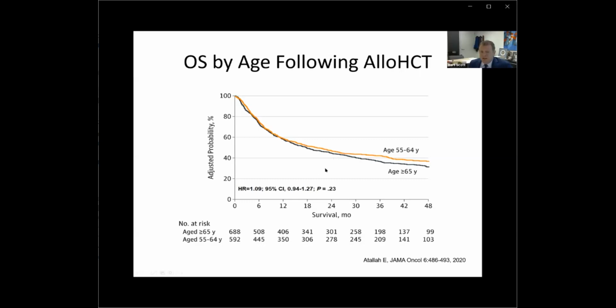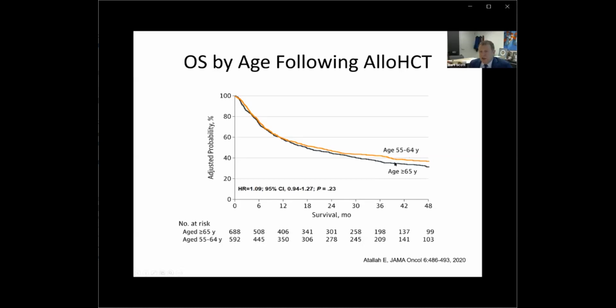So this was a prospective assessment of outcomes for patients specifically with MDS. And you can see that there were 688 patients over age 65, and there were 592 patients less than age 65, but older age 55.